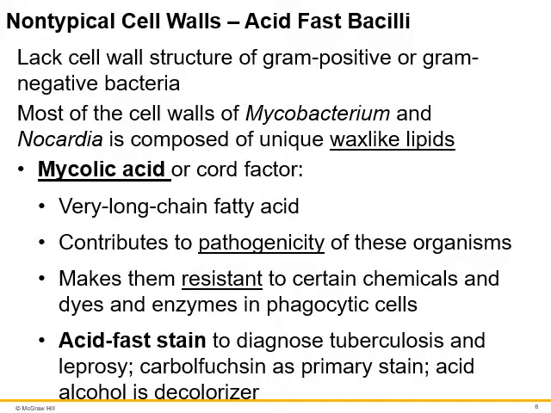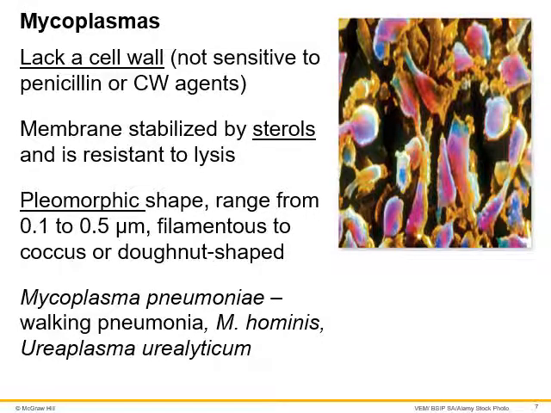Now, mycoplasmas, the beginning of the word, sounds sort of like mycobacteria, but even the mycobacteria were misnamed. Myco refers to a fungus, and once upon a time, people thought that the mycobacteria, because they were thread-like, were fungi.